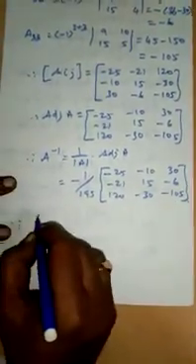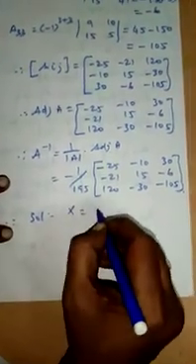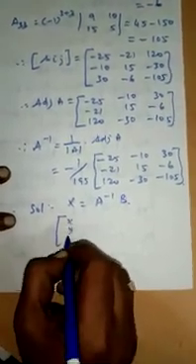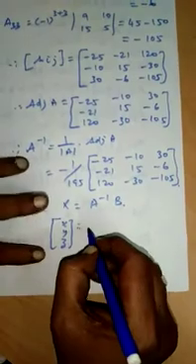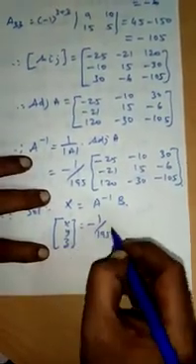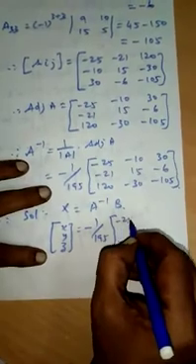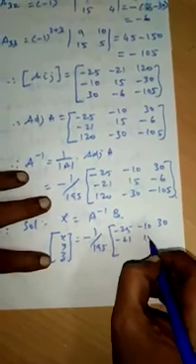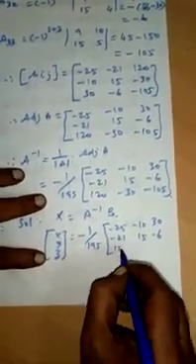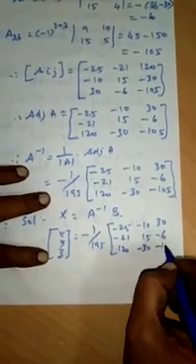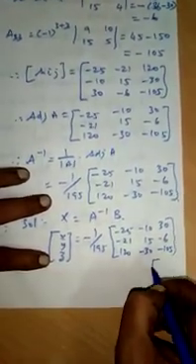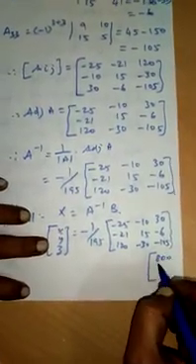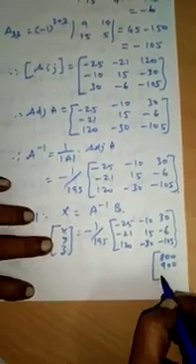Therefore, the solution is X is equal to A inverse B. X is x, y, z. That's equal to minus 1 by 195 into the matrix minus 25, minus 10, 30, minus 21, 15, minus 6, 120, minus 30, minus 105, into the B matrix 800, 900 and 850.